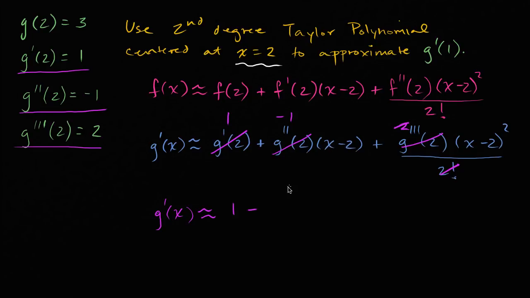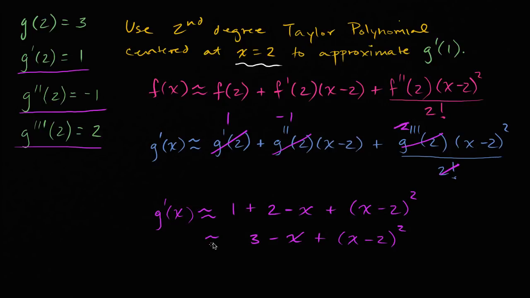I guess I could write that as plus 2 minus x, the negative of x minus 2 is 2 minus x, and then plus x minus 2 squared. And obviously I could simplify this even more. This is 3 minus x plus x minus 2 squared.